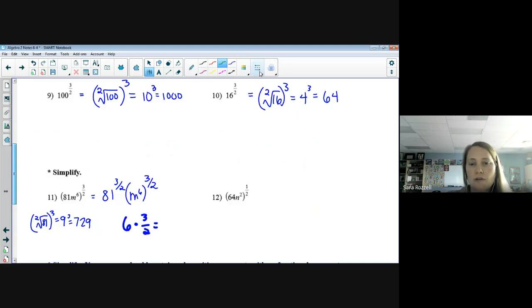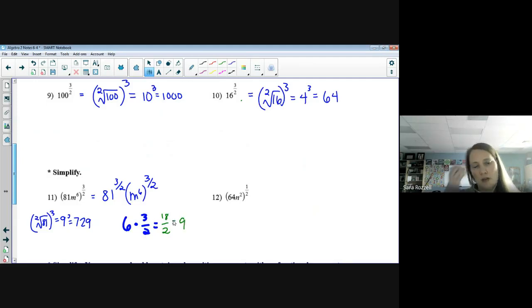When you multiply a whole number and a fraction, you multiply the numbers across the top, and then you put the 1 on the bottom. So what is 6 times 3? 18 over 2. And 18 over 2 is what? It's 18 divided by 2, 9.